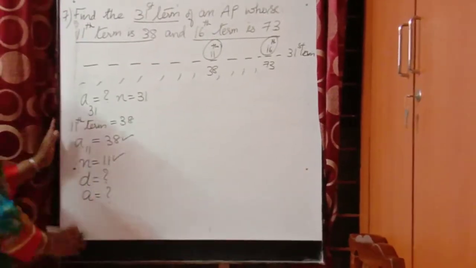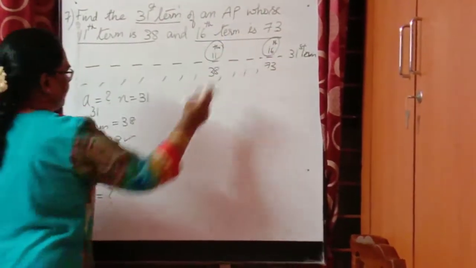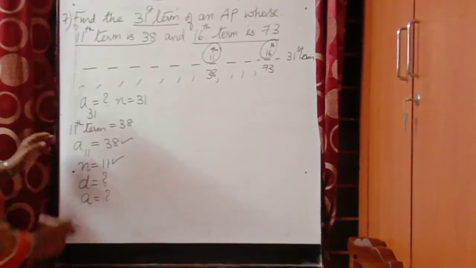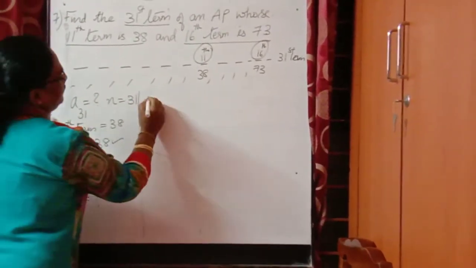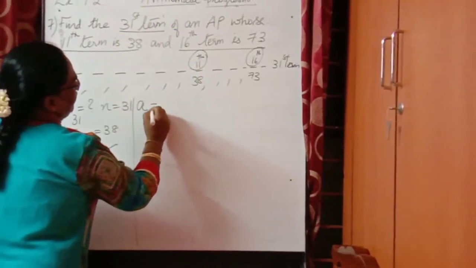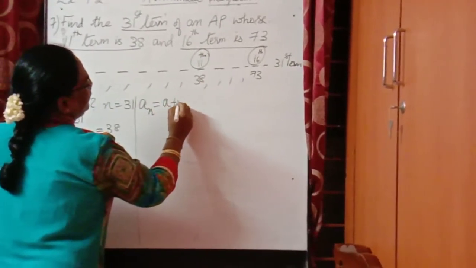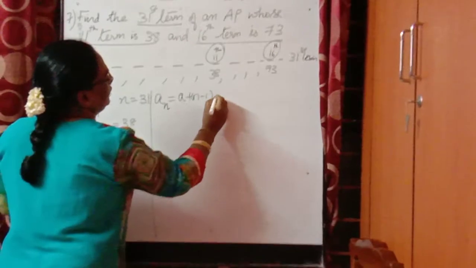Similarly, here also they have given the 16th term. For this one, the formula becomes an is equal to a plus n minus 1 into d.